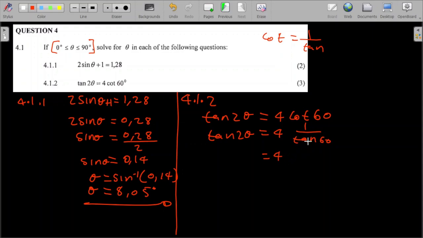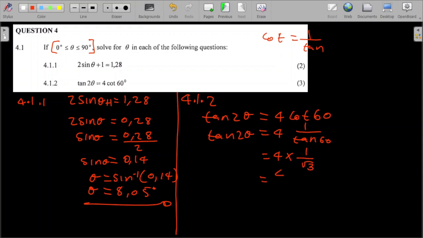Now tan 60 is the square root of 3, so 1 over tan 60 is 1 over the square root of 3, which gives 4 over the square root of 3.